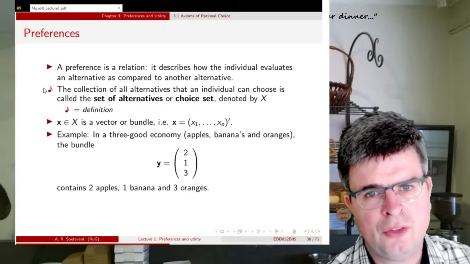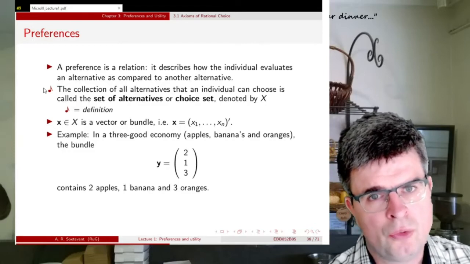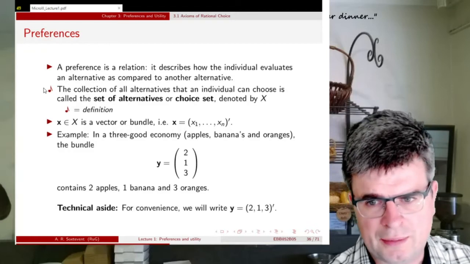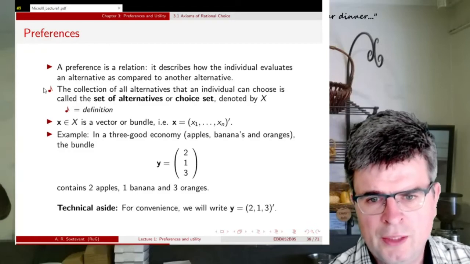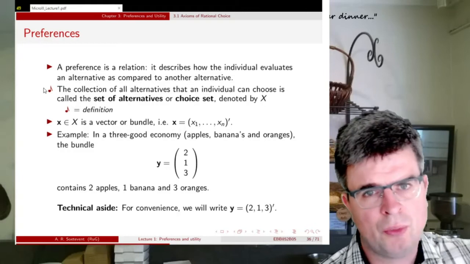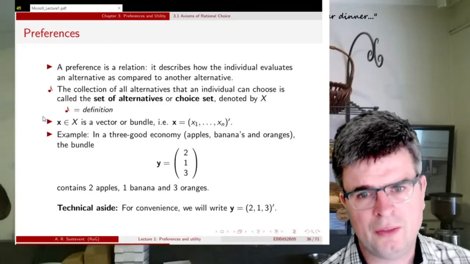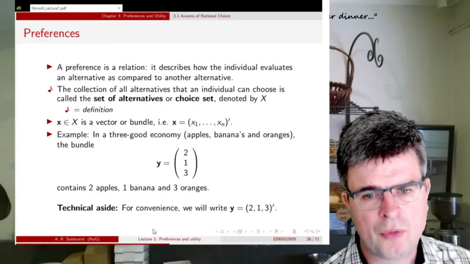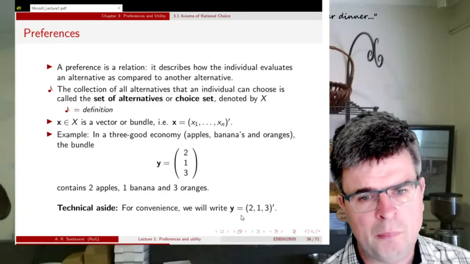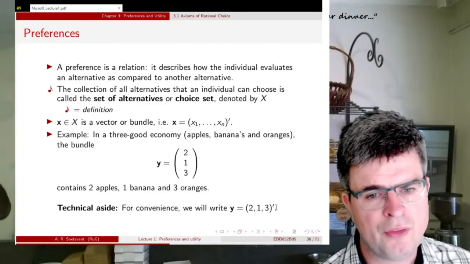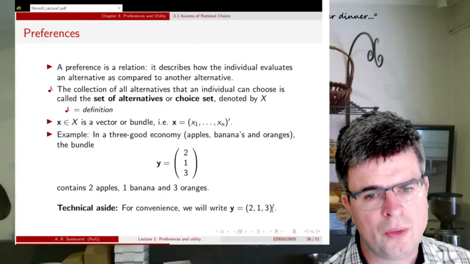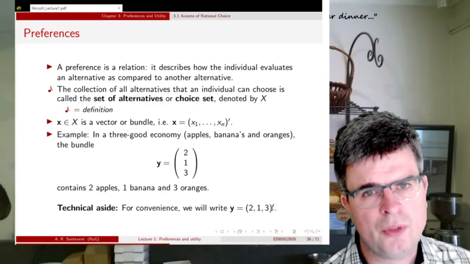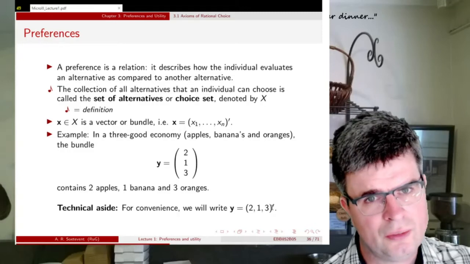So that's the notation of alternatives in a choice set. And for convenience, because the vertical notation takes a lot of space, we will write this vector mostly in row form with a tilde or with a prime to denote that actually it's a column vector.